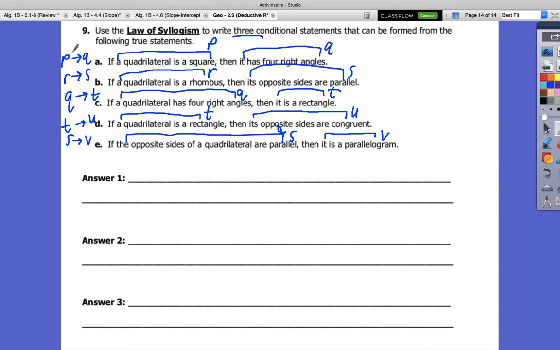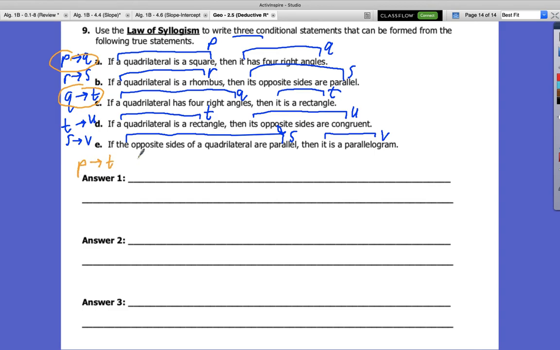Well, you might notice if P then Q, if Q then T line up. So you could say the first one could be if P then T. We can say if a quadrilateral is a square, then it is a rectangle.